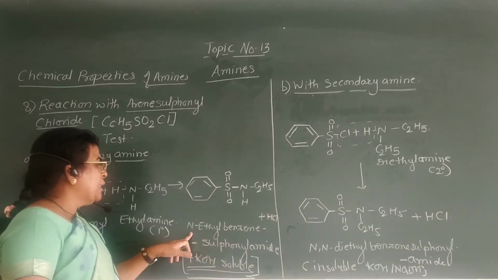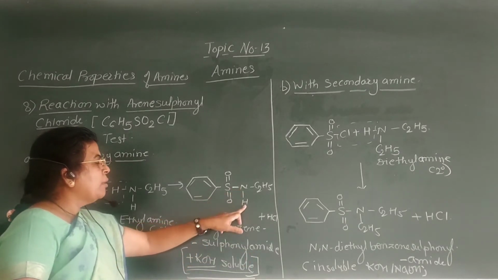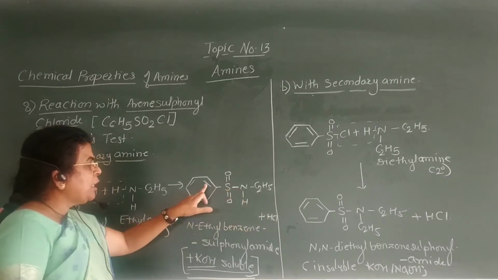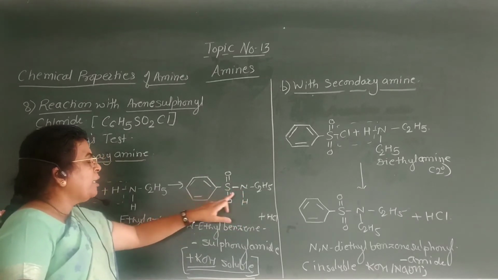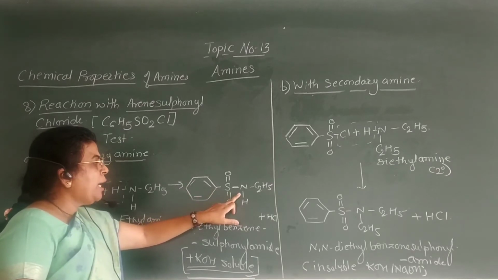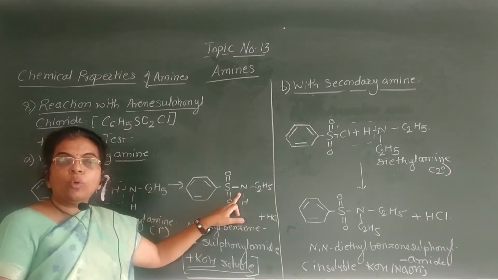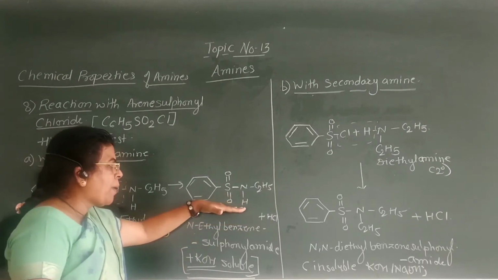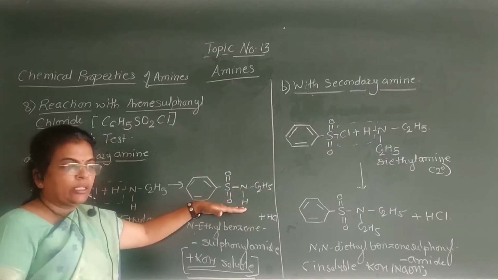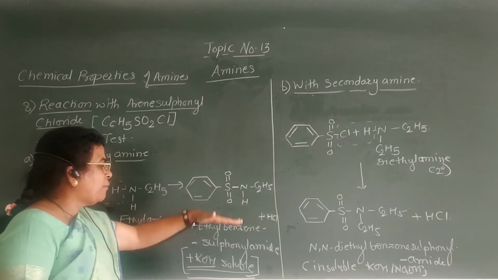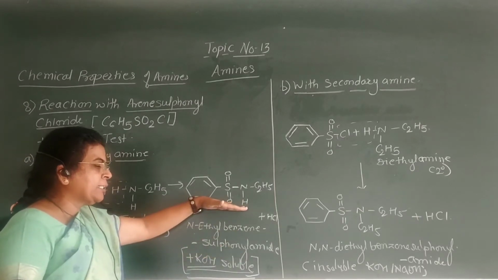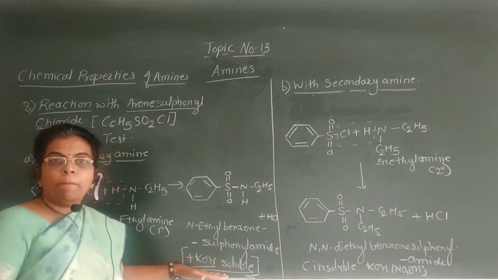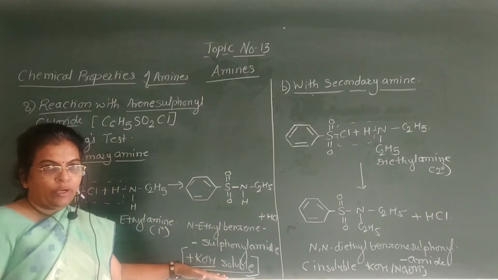In this case, the hydrogen atom bonded to the nitrogen atom is attached to an electron withdrawing group, and therefore this hydrogen atom can be easily donated to a base. Therefore this compound is acidic in nature, and it is easily soluble in a base like KOH or NaOH.